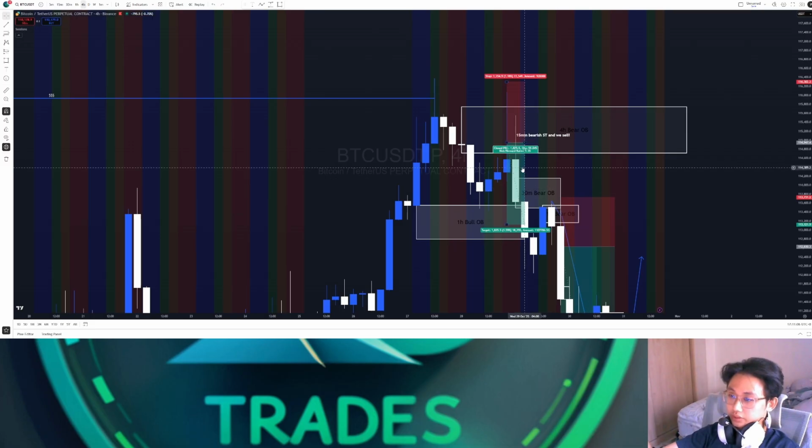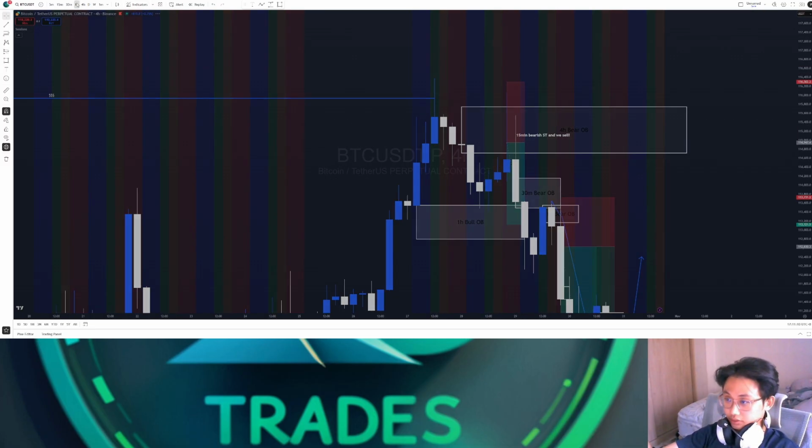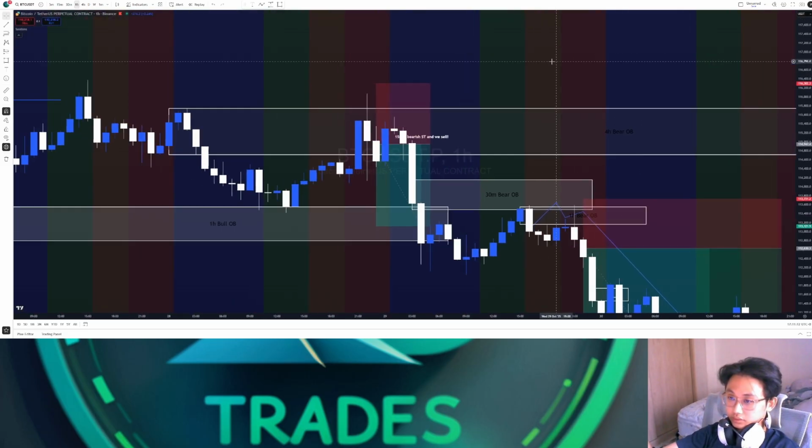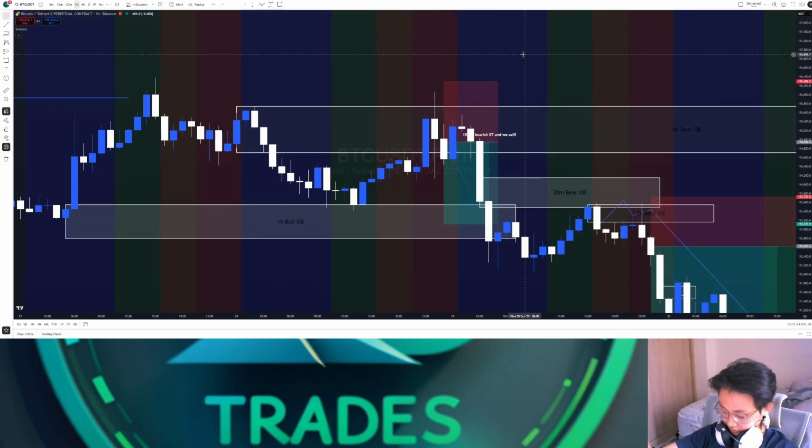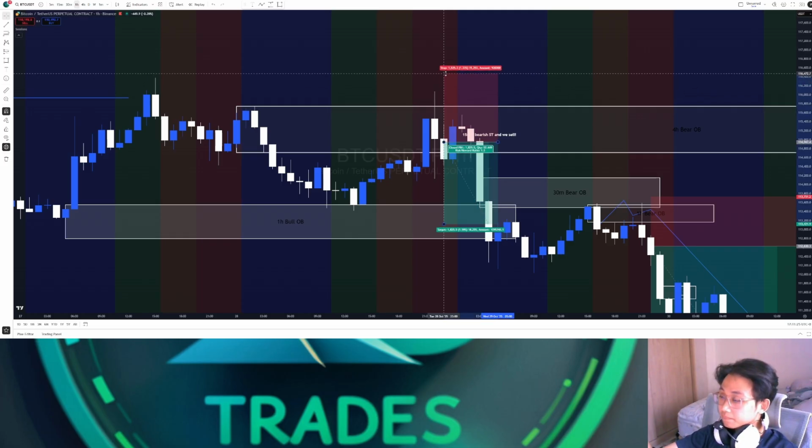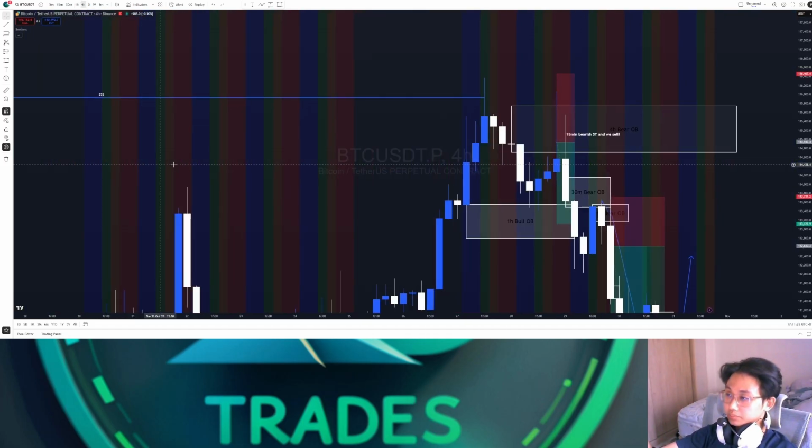So afterwards, I took another Bitcoin trade, and let me see. 16450. So I took another Bitcoin trade. You can see price headed upwards here.